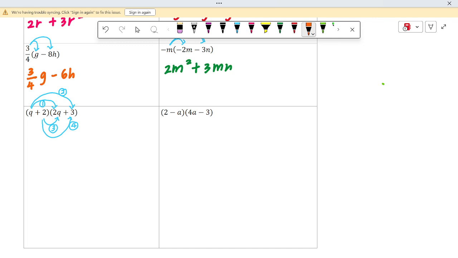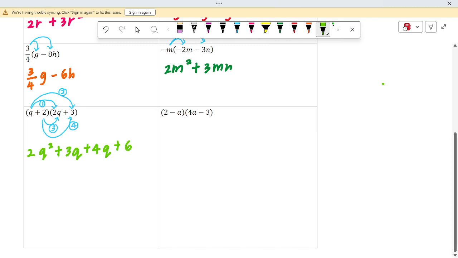First one, q times 2q. It will give you 2q squared. Number 2 is q times 3. It will give you positive 3q. Next one, number 3 is 2 and 2q, which will give you positive 4q. Last one, 2 times 3 will give you positive 6.